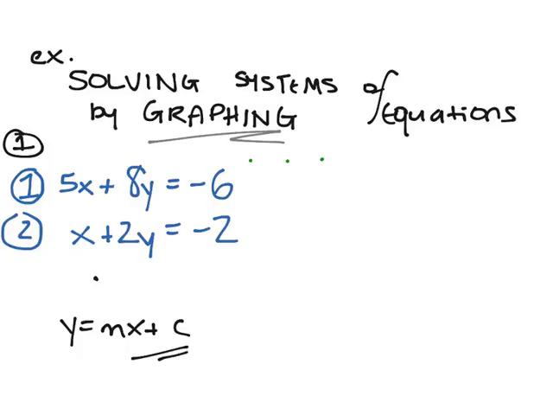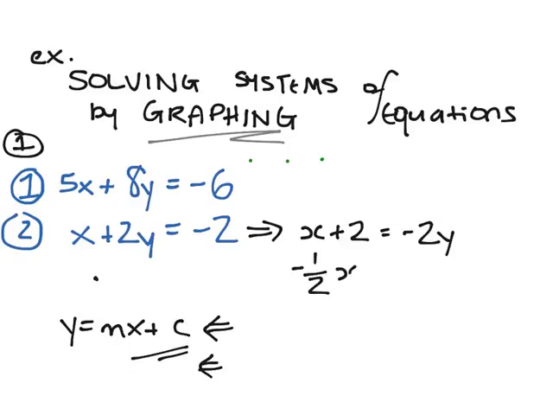And remember, you can use this form, you can use the point-slope formula, either way works, as long as you find a way to graph it. So if we rearrange equation 2, we get x plus 2 is equal to minus 2y, or minus half x plus 1 is equal to y. And that's our y equals mx plus c, that's our slope-intercept form.